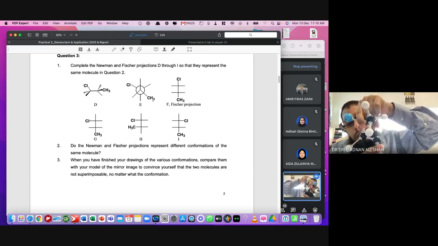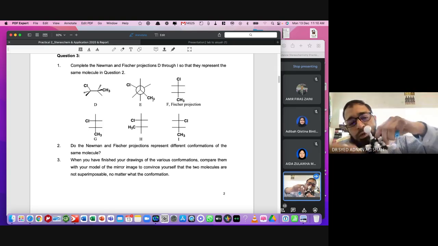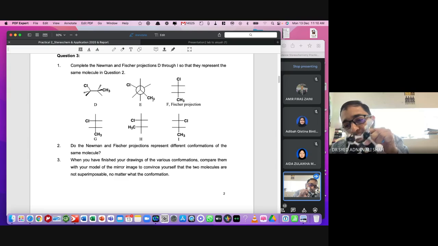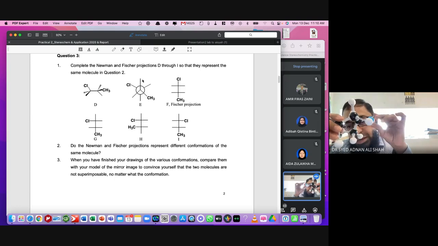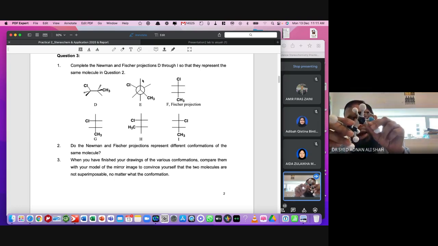And then after this one is the hydrogen, and this one is also hydrogen like this. So you can see this one is methyl group, this one is hydrogen, this one is methyl group, this one is hydrogen, and this one is also hydrogen, right? And at the back you have the chloride group, and then one is the methyl group, and one is the hydrogen like this.